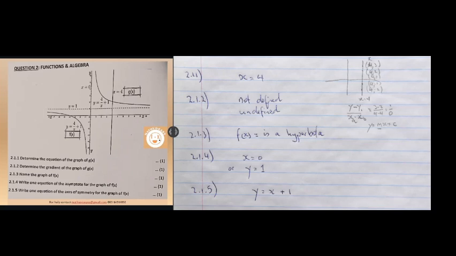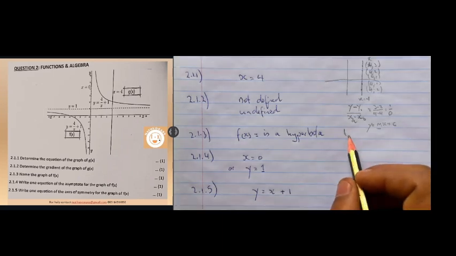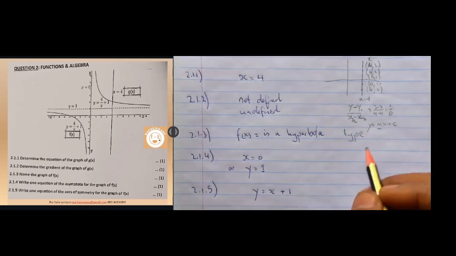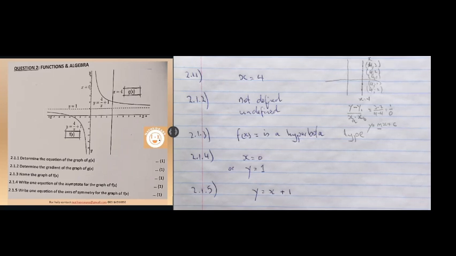Maybe the word that could have also been included in the instruction is to also include name the type of the graph of f of x. So it means they wanted that. All right, I think I'm good. Let me see.